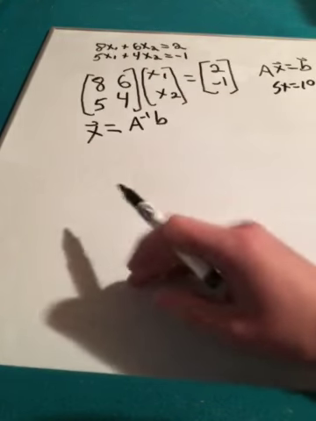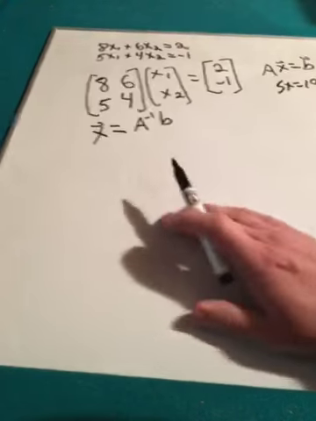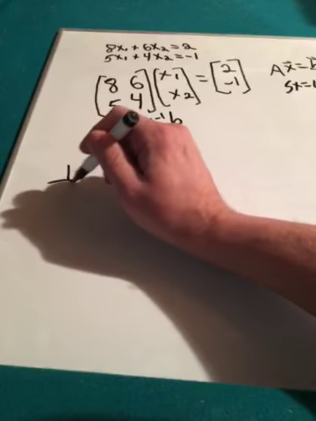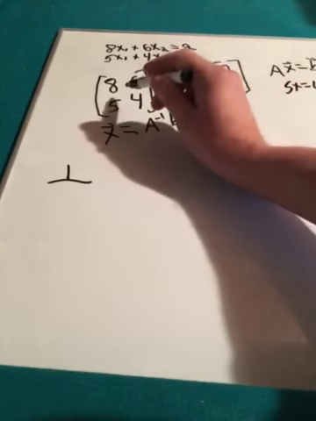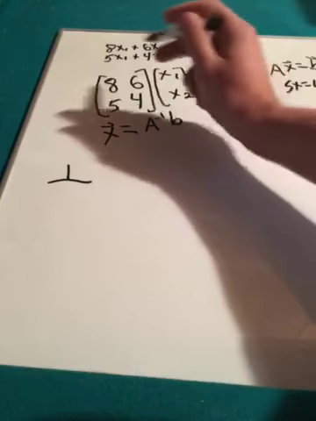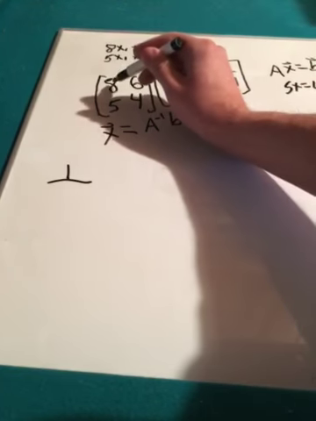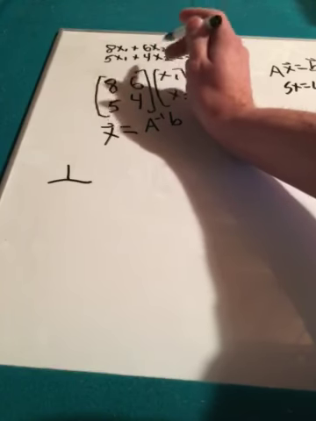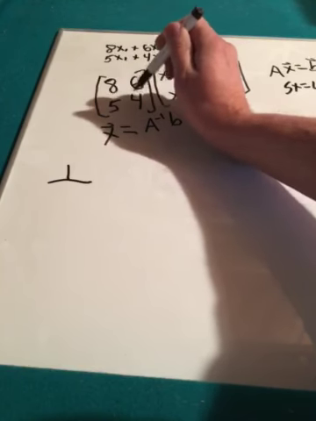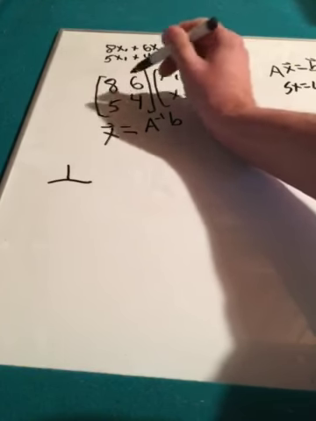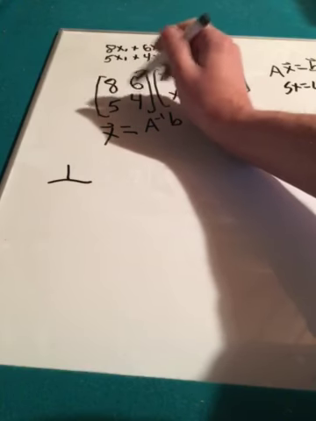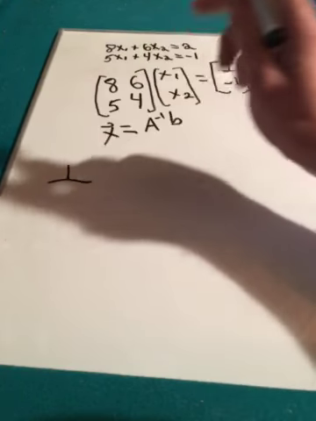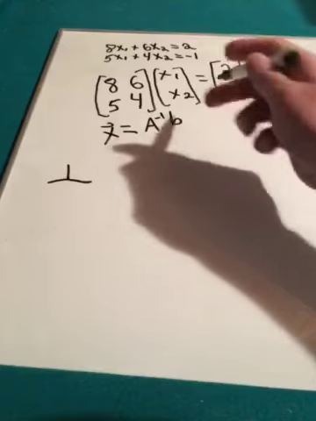But to find the inverse of a 2 by 2, all we do is take 1 over the determinant of A. Well, this is our matrix A. What's the determinant? The determinant is just the product of this diagonal minus the product of the other diagonal. So 8 times 4, 32, minus 6 times 5. So 32 minus 30. So the determinant of this matrix is 2.